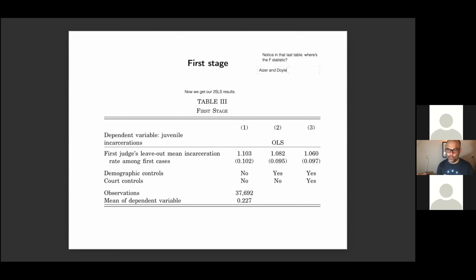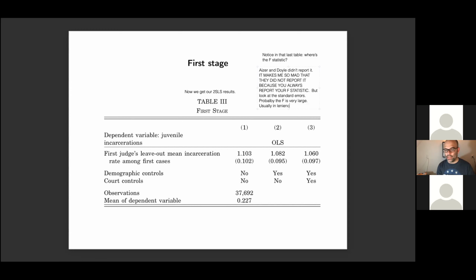Hazer and Doyle didn't report it. It makes me so mad that they did not report it, because you always report your F statistic. But look at the standard errors. Probably the F is very large.